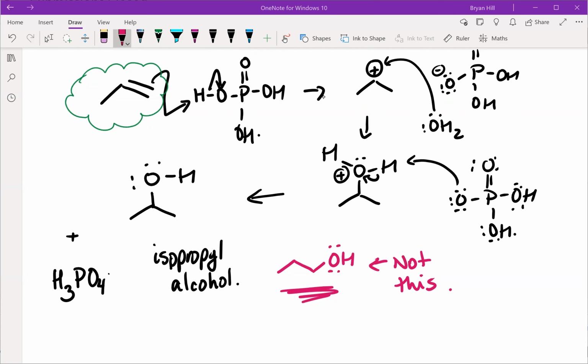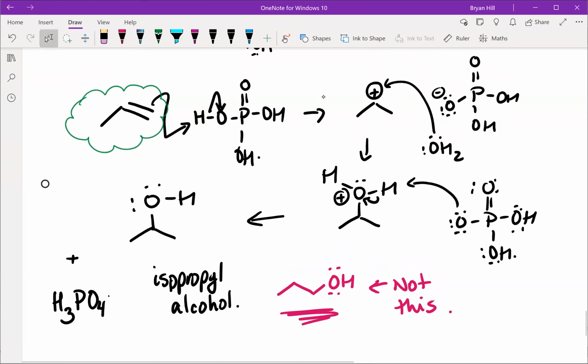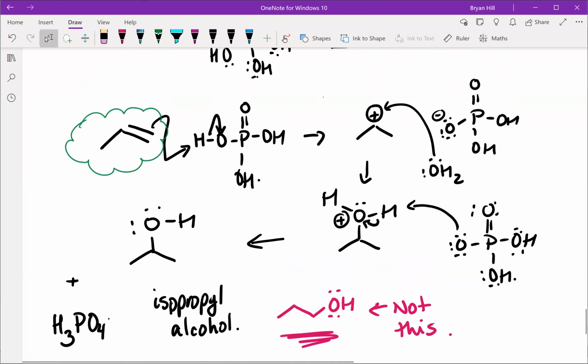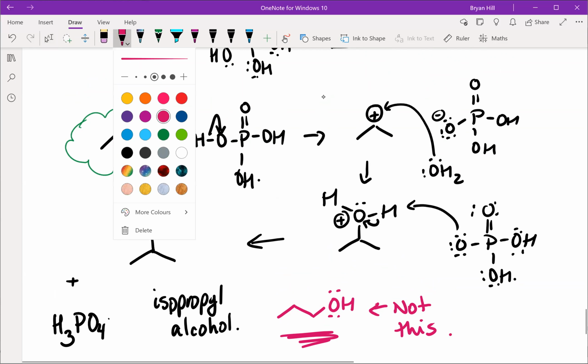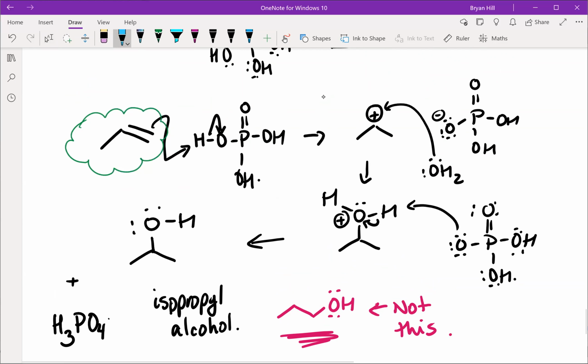Right. So the first step, this mechanism is exactly the same as if we'd started with say HBr. We need to make the most stable carbocation. So in this case, it's a secondary carbocation versus this one would have to come from a primary carbocation, which would be too high in energy.